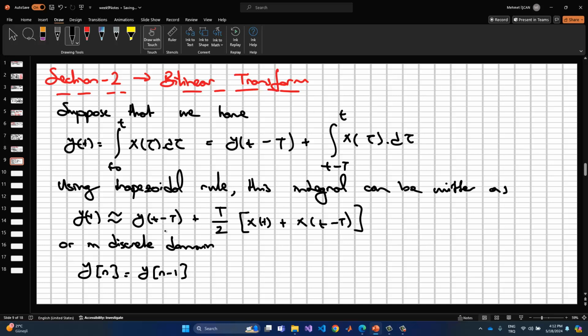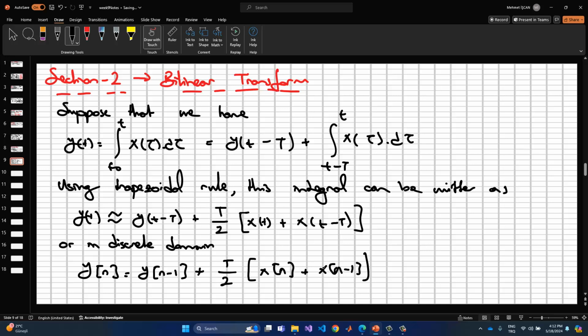Due to this representation, we need to take this value from the integral terms, because in the difference equation we always need the present index and the previous index, so we can build an iterative process in the discrete domain. Plus T divided by 2 times x[n] plus x[n minus 1].